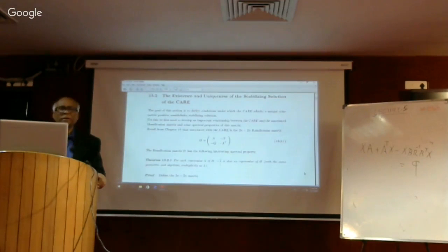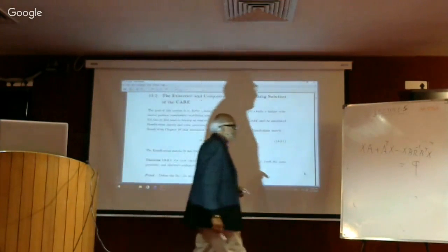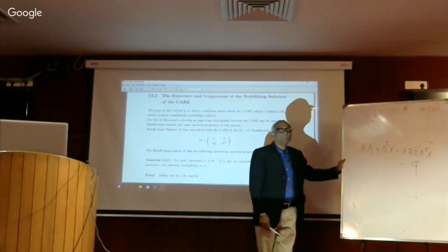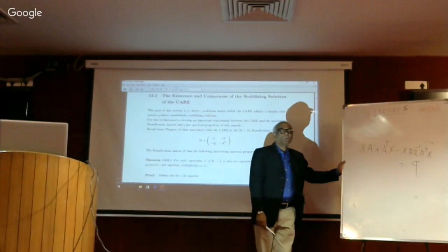So that's why the Riccati equation is important to solve. Now, since it is a quadratic equation, it's not a linear equation any longer. So we will not be able to solve it just by transforming the matrix A to real Schur form or Hessenberg form. That's not possible because it's not linear any longer. You understand the problem?